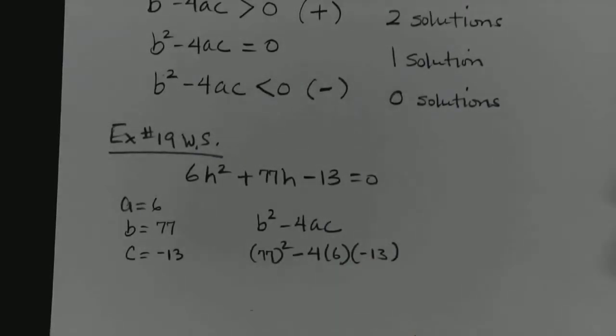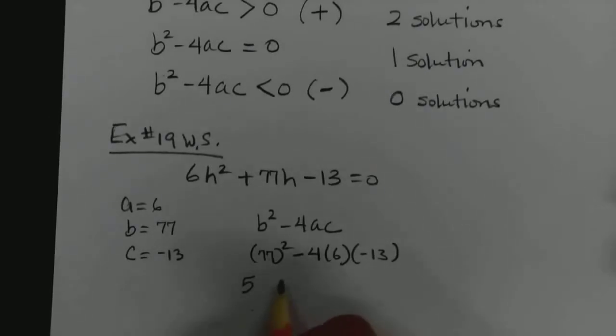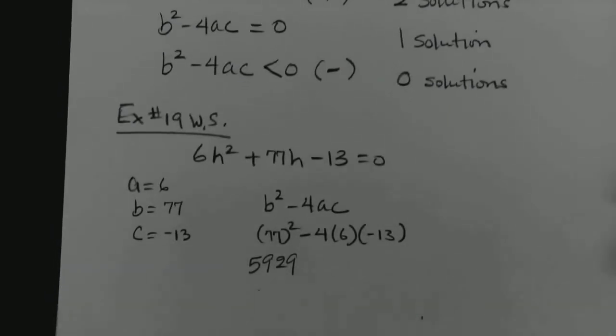Let's see if I can multiply 77 times 77. It is 5,929. 77 squared is 5,929.